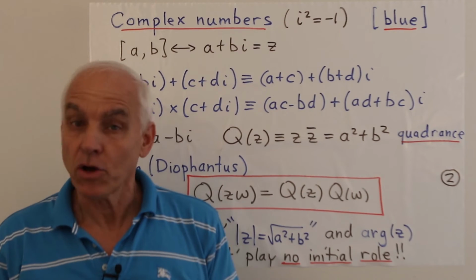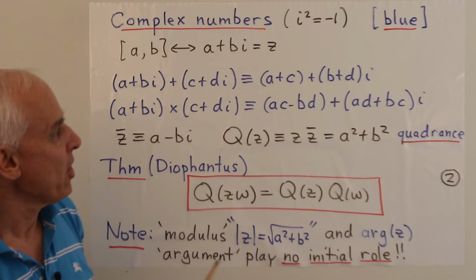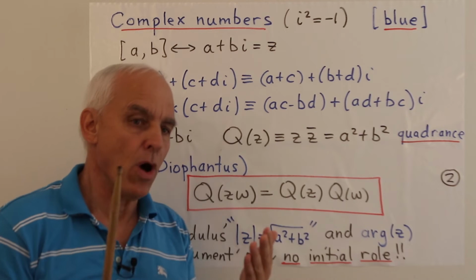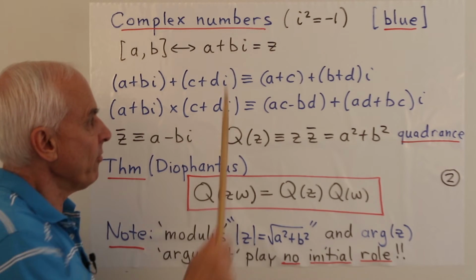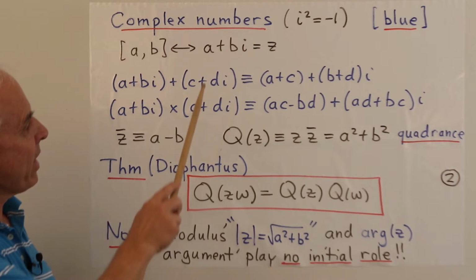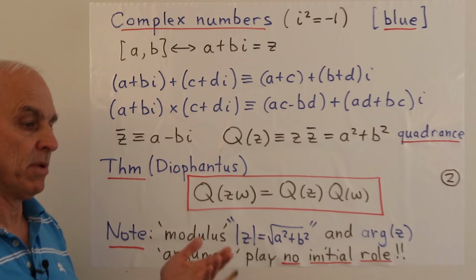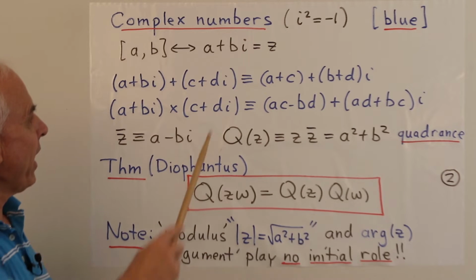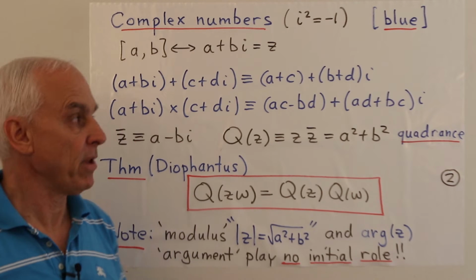So let me remind you very quickly of the usual story about complex numbers, the blue complex numbers, all centering around this new object i, whose property is that i squared equals minus 1. And then a complex number is something of the form a plus bi, where a and b are for us rational numbers, and that's naturally identified with the point (a, b) in the plane.